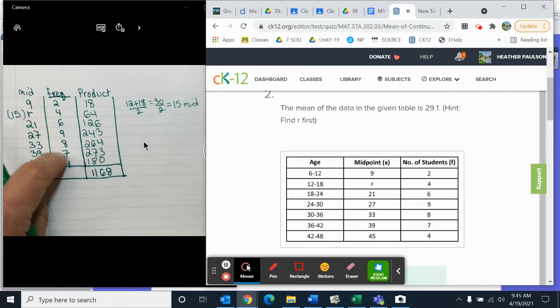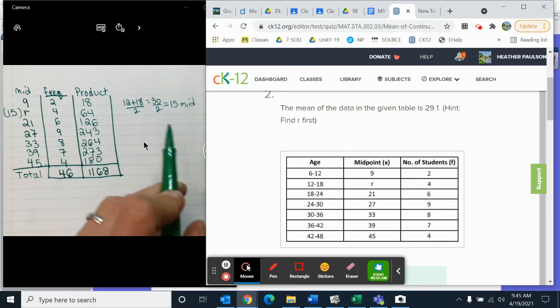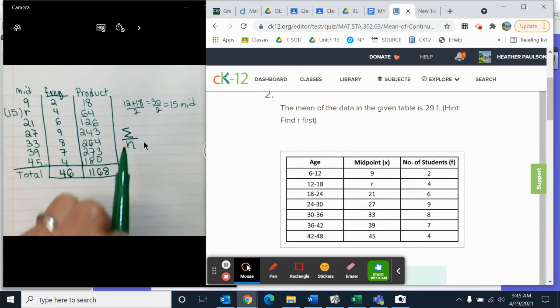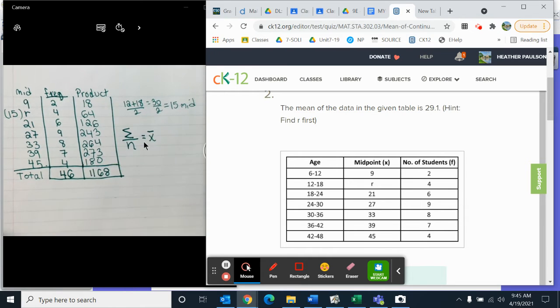Now, how many total students? 2 plus 4 plus 6 plus 9 plus 6 plus 8 plus 7 plus 4. 46 total students. So remember, we take the sum and divide by however many we have, and that will give us the mean.